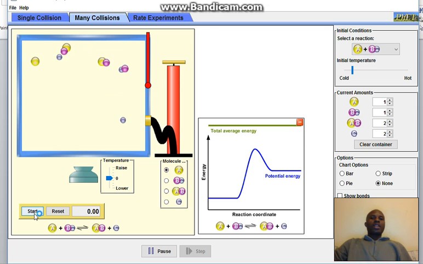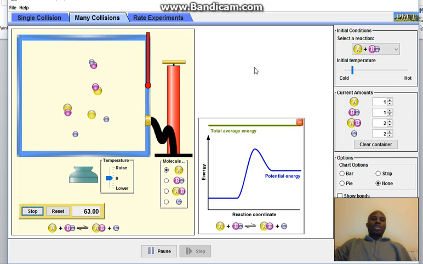So you can decide, all right, I want to run this reaction maybe 100 seconds to see how much of the chemical reaction will occur, how many of these will change to products. If you do 3, how many of these will change into products at a specific time? So you can use this timer to help you deal with that.